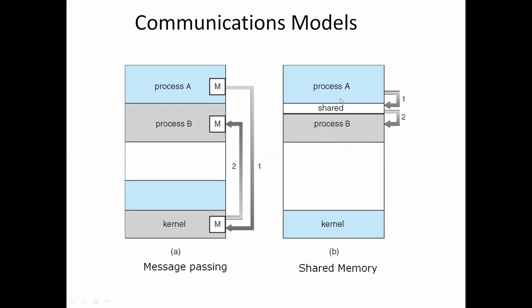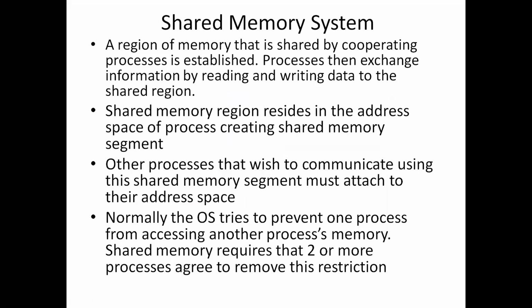So this shared memory region will be attached to the address space of process A as well as process B. Both processes which want to communicate with each other should attach that shared memory region.